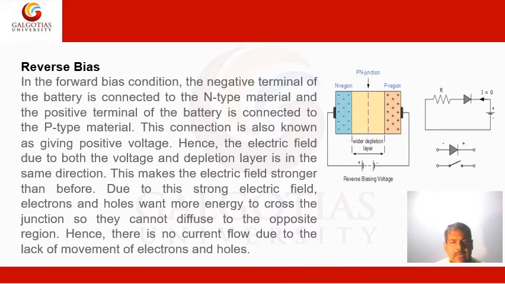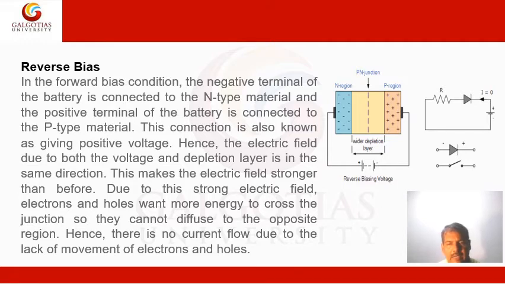In reverse bias, the N region is connected with the positive terminal and the P region is connected with the negative terminal. The electric field due to both the voltage and the depletion layer is in the same direction.